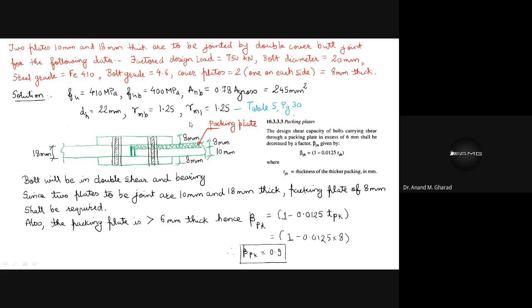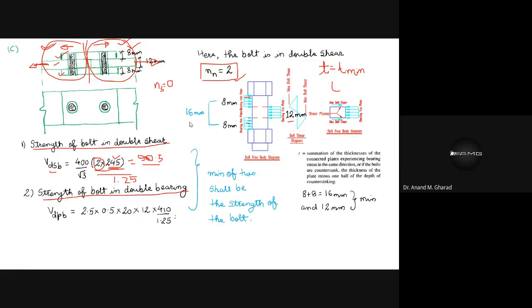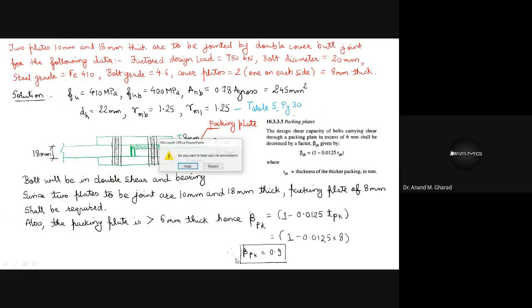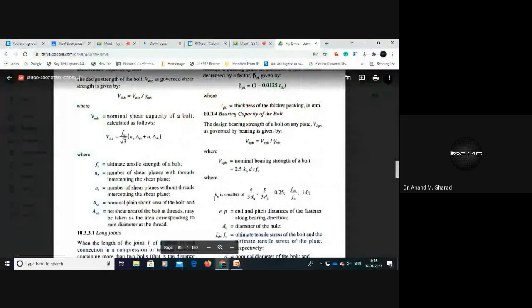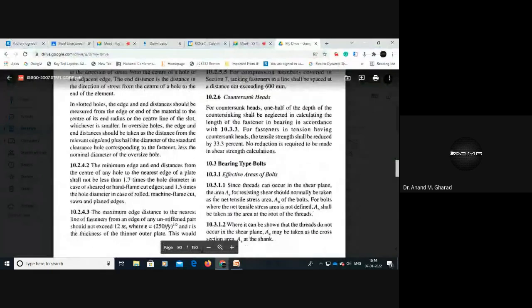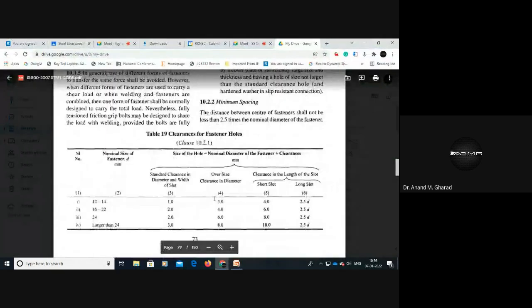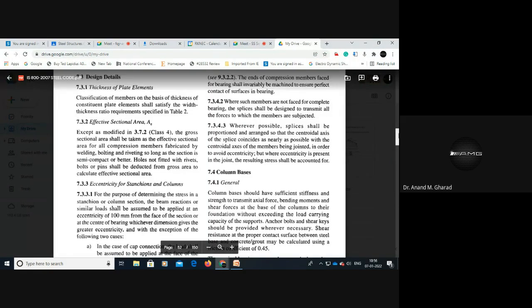And what is gamma M1? Which table provides you this information of the partial safety factor?